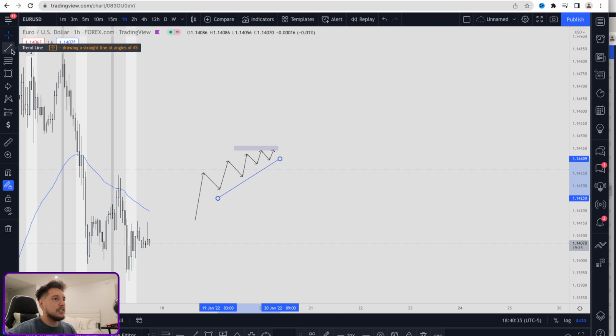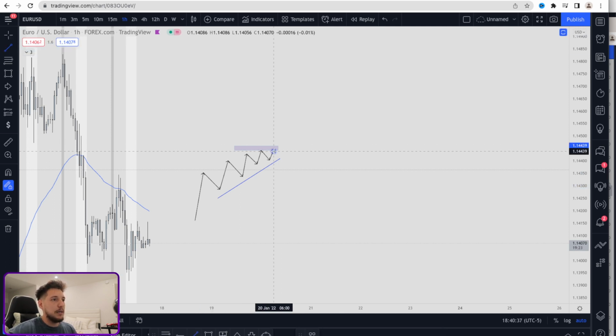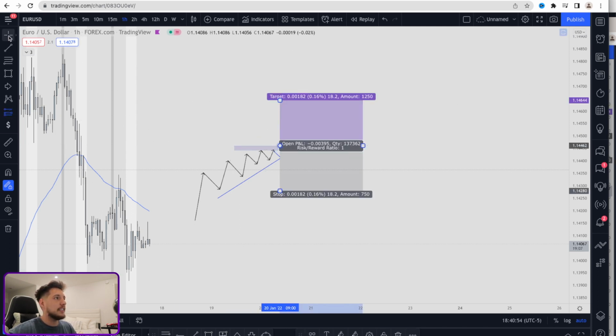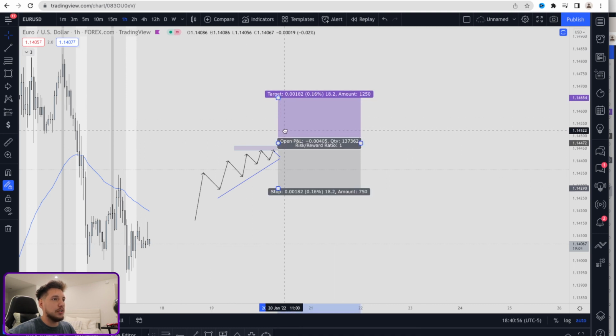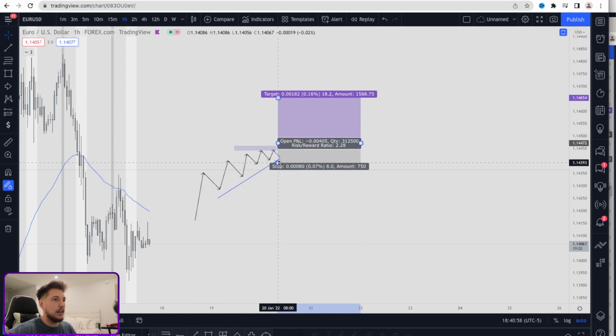Now, what does this do? It incentivizes people to see the trend line, so they're going to continue buying. At the same time, right above this section, retailers are going to put buy stops, meaning that if they put buy stops in the market, their executions are going to open as soon as the market reaches above that section.